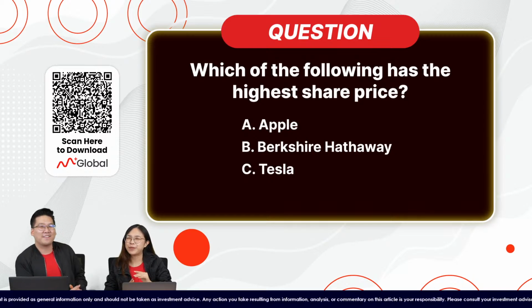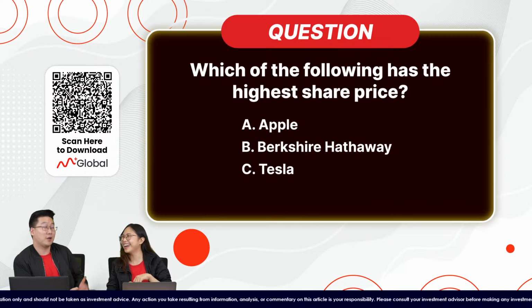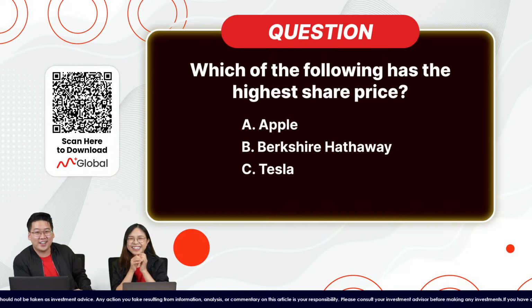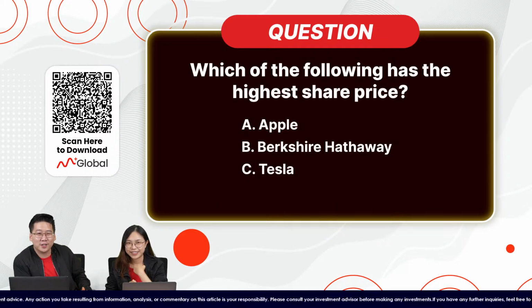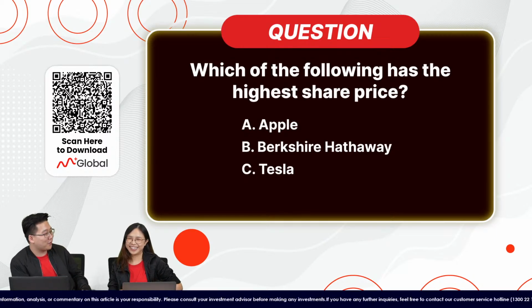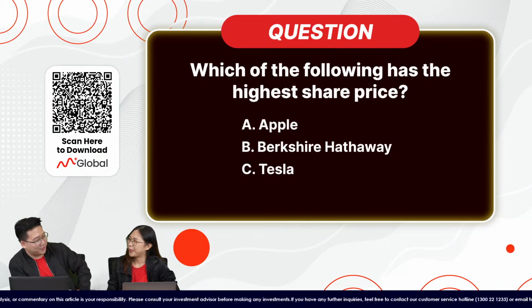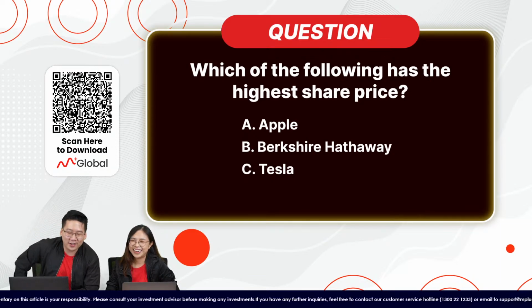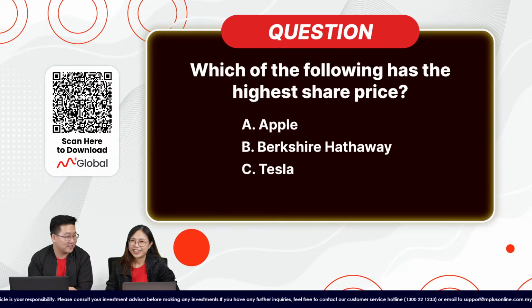Or do you think Apple products are expensive, so the share price will be expensive as well? Could be. I see quite a number of you putting B, Berkshire Hathaway. For those of you who were in last Thursday's session, somebody put A also, and you might remember us taking a look at this as well.